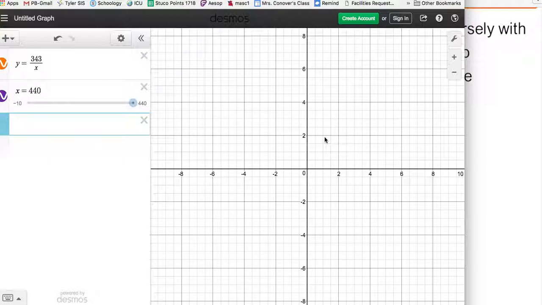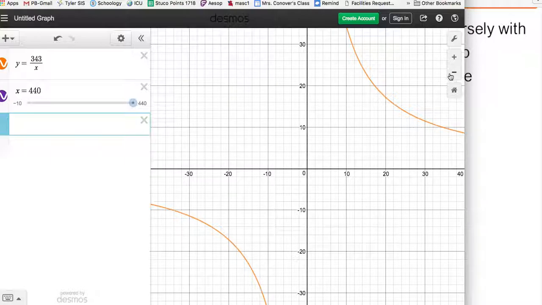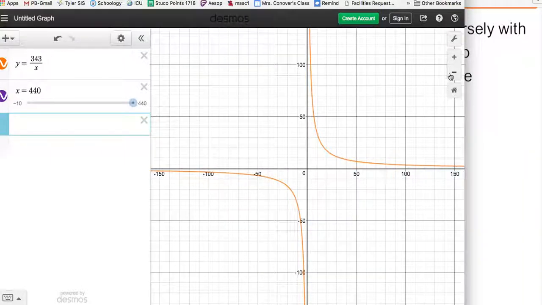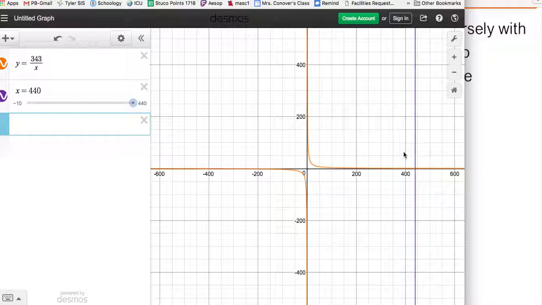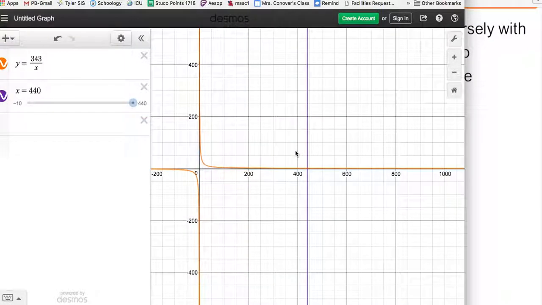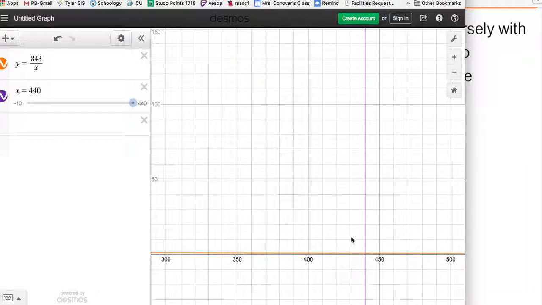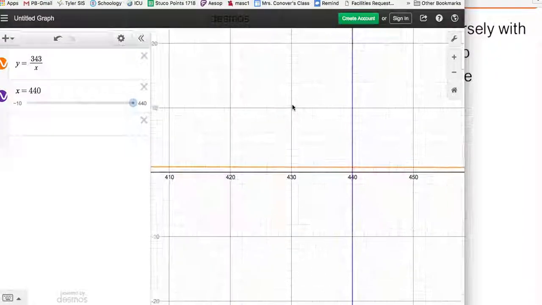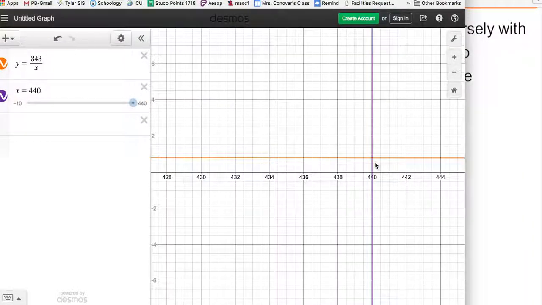All right, well right now there's nothing on my screen, so you want to zoom out. Starting to see something. All right, there we go. Now we have both graphs, both lines visible within our view. So I'm going to keep zooming in here. And now click on it and you'll see the intersection. Hover over that intersection and what do you see? 440, 0.78. So when our frequency is at 440, our wavelength is 0.78.